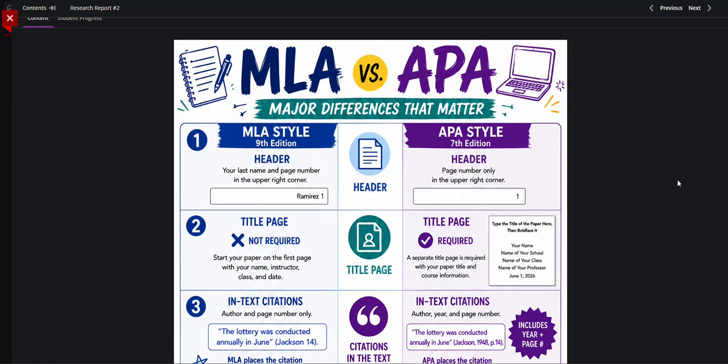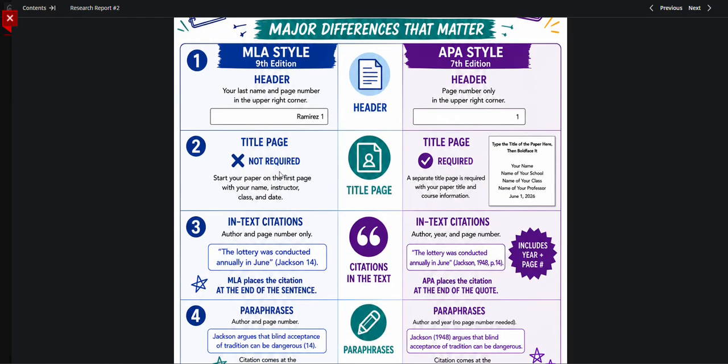So my apologies. Okay, so in MLA style, you have the last name and page number in the top right corner. With APA style, it's only the page number. So you don't have to put your last name there. With MLA, a title page is not required. Remember, we put all of the information in the upper left corner on MLA, but with APA, a title page is required, and you will type the title of the paper and put it in bold.